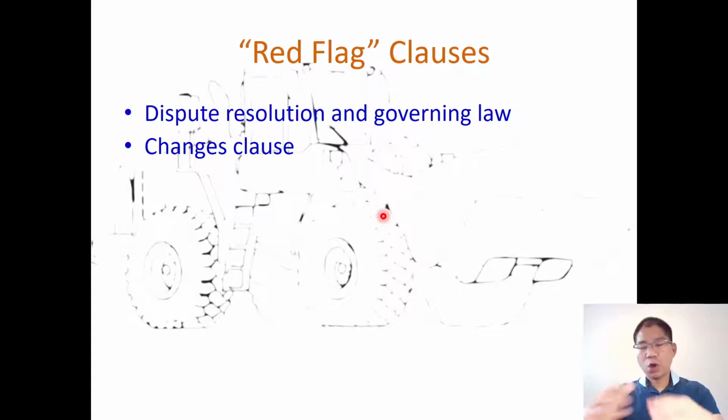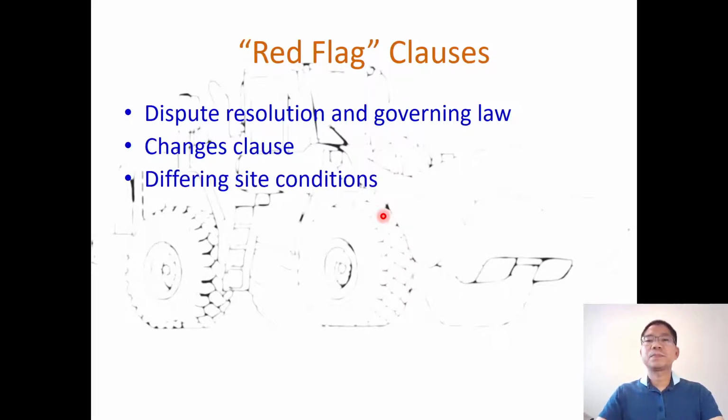Changes clause, because everything is uncertain and change may happen during the course of the project, so we review carefully what is considered a change. Different site conditions, like I said, we will talk about in the next video. Delays and suspension of work.